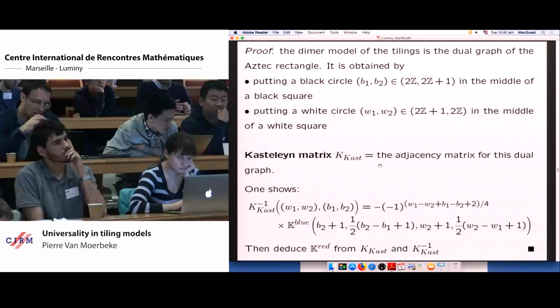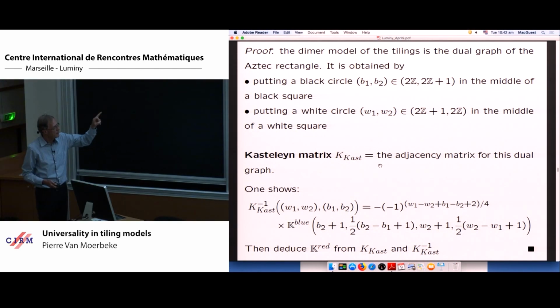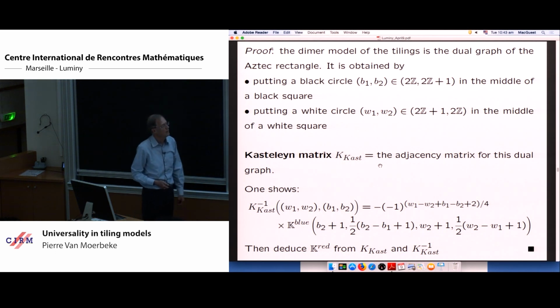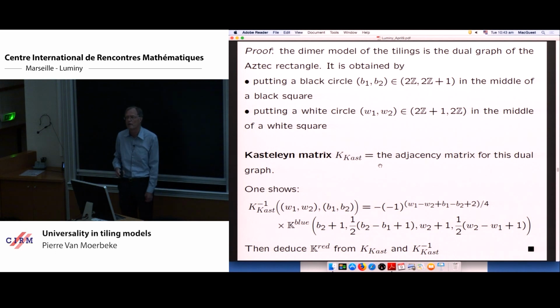So we know the Kasteleyn matrix, and then you deduce the red kernel from the Kasteleyn matrix, okay? It uses, again, a rather standard theorem, which is due to Recanzone, but maybe it was known before, maybe it was known already by Kasteleyn, I'm not sure.